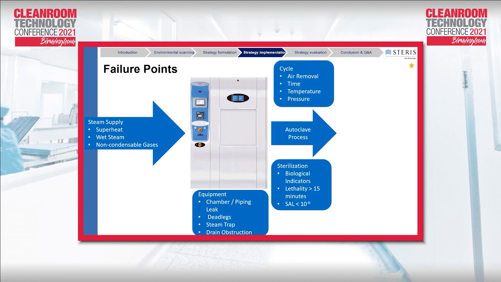And then if we look at the autoclave, do we have an adequate air removal cycle? Are the time, the temperature and the pressure adequately controlled to indicate that the sterilization cycle is adequately performed? And then we will look at the sterilization process using a biological indicator, ensuring the lethality is more than 15 minutes, or even that the sterility assurance level is 10-6 or better.